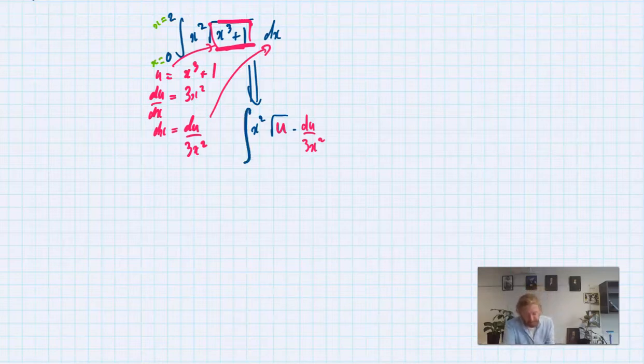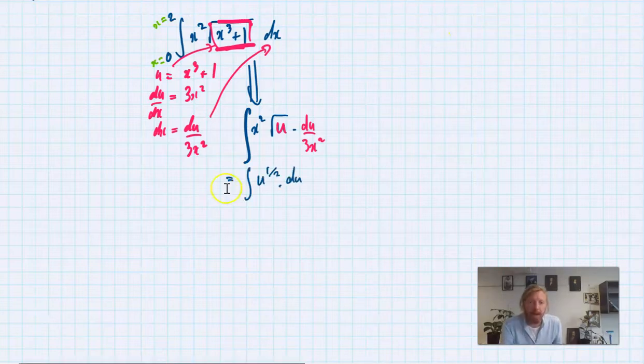Okay, these x's are going to cancel. So that equals the integral of u to the half du. Now, what are my bounds? Well, I have to figure out my bounds because I'm talking in terms of u now.